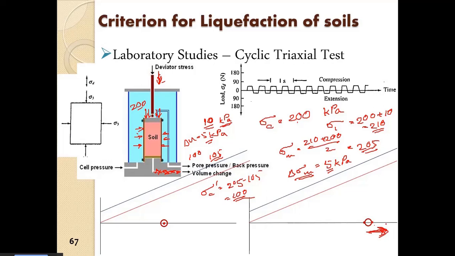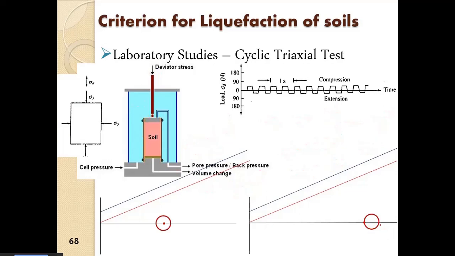As the deviator stress goes on increasing, we will have the increment of the Mohr circle in this direction. But you can see the effective mean will remain at the same point and only the diameter of the Mohr circle will go on increasing.